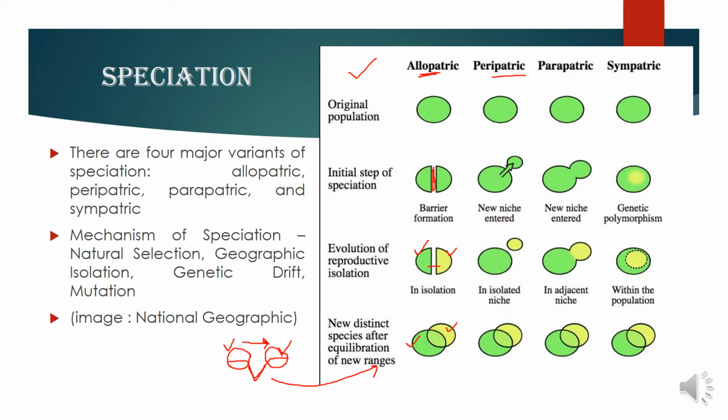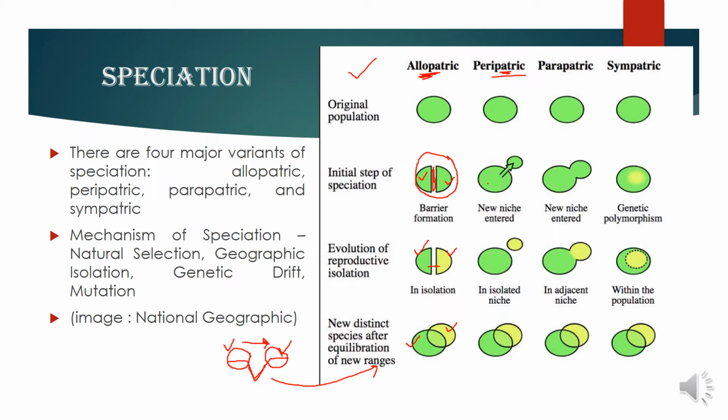Then we come to peripatric speciation. Peripatric speciation is considered to be a subclass of allopatric speciation, but there is a certain difference. In allopatric speciation, the population was divided into more or less equal parts, that is, the population on the left was almost similar in size to the population on the right.